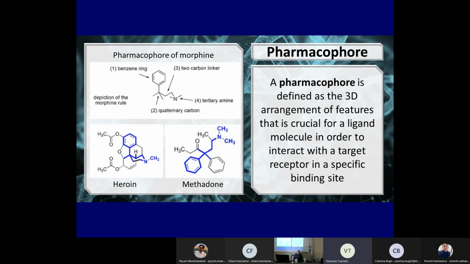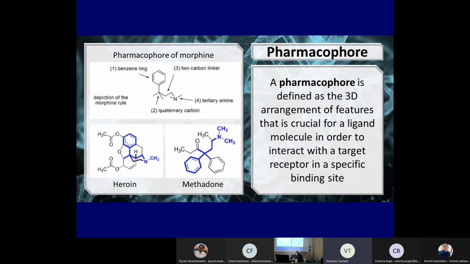And so in that time, German scientists tried to simplify the complex chemical structure of heroin to synthesize an easier, smaller compound with the same activity of heroin.